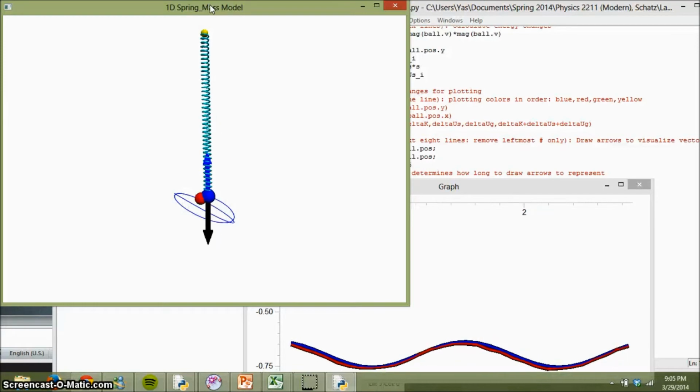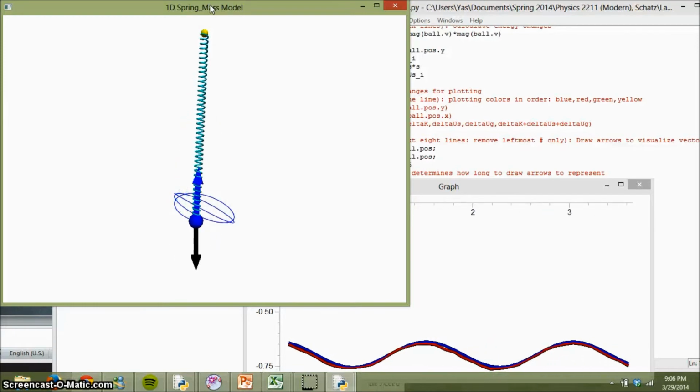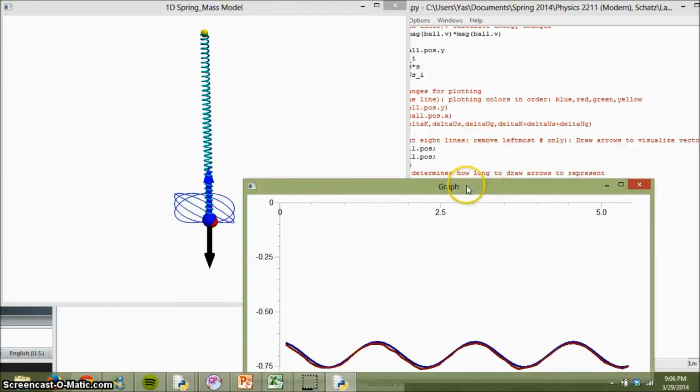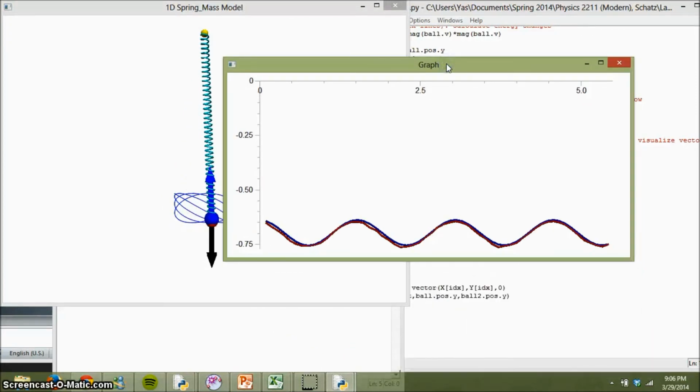However, we do not necessarily get a good idea of how close they are. When we look at the graph of the two together, we see that the two graphs overlap, and now we can conclude that the model that we created very much accounts for the observations.